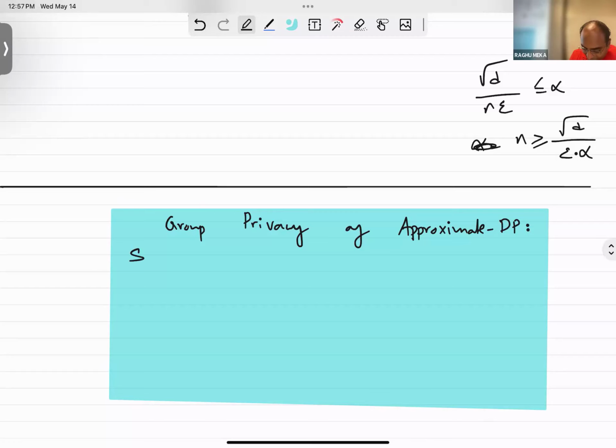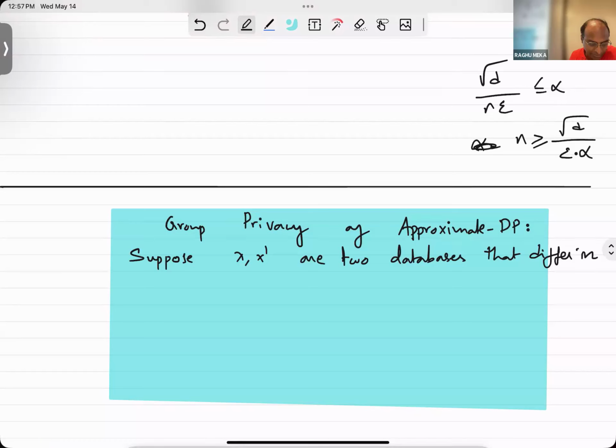And just like in the case of pure privacy, suppose we have x comma x prime, two databases that differ in maybe k rows. So if they differ in k rows instead of 2 rows, what happens?